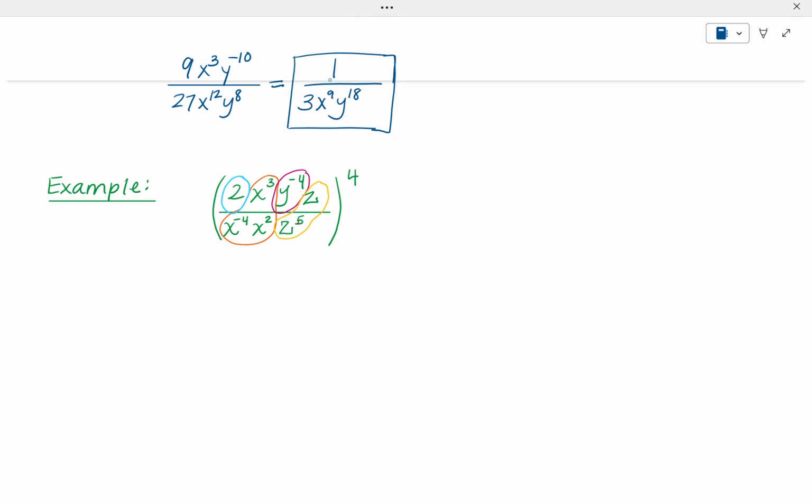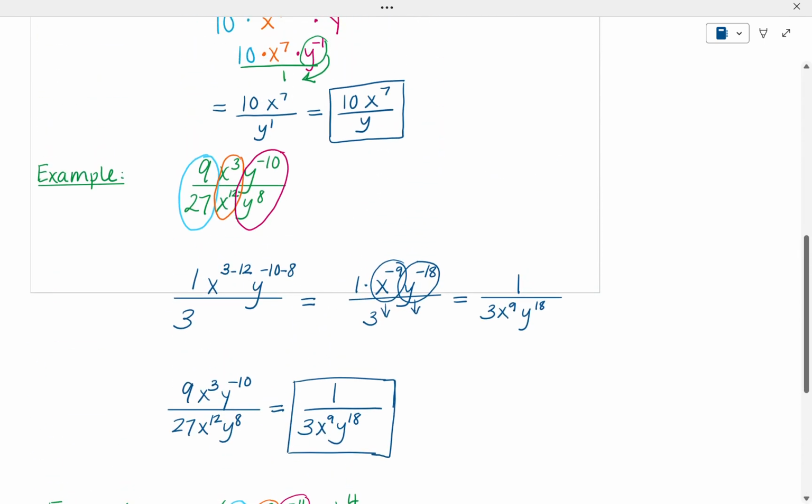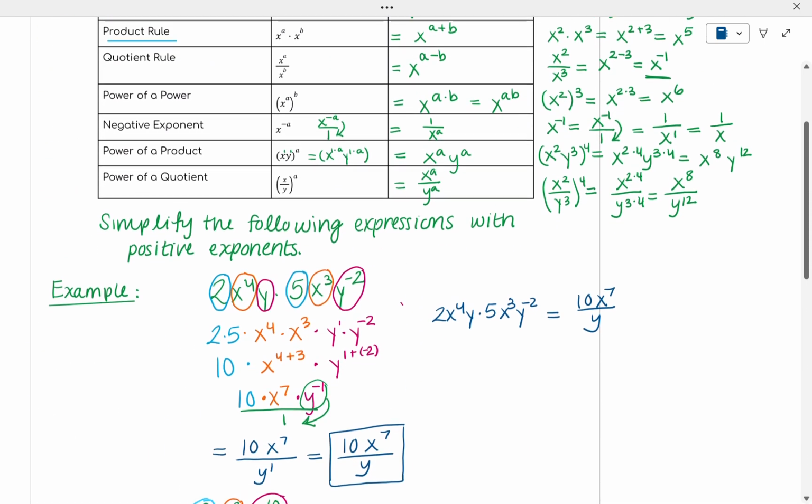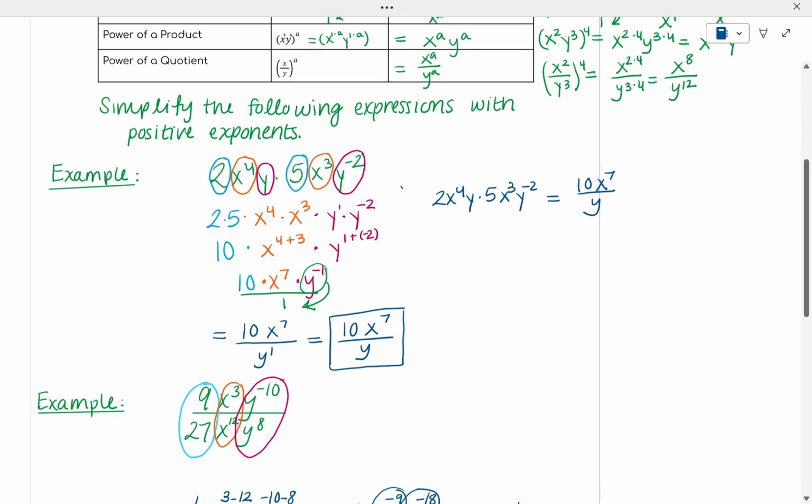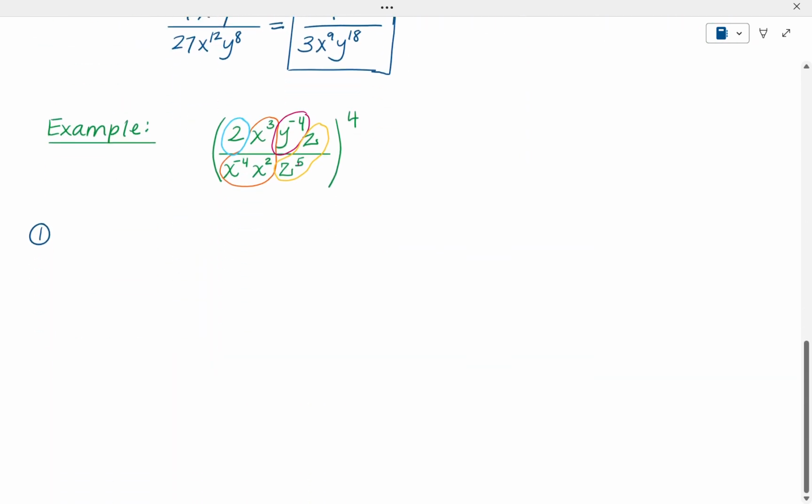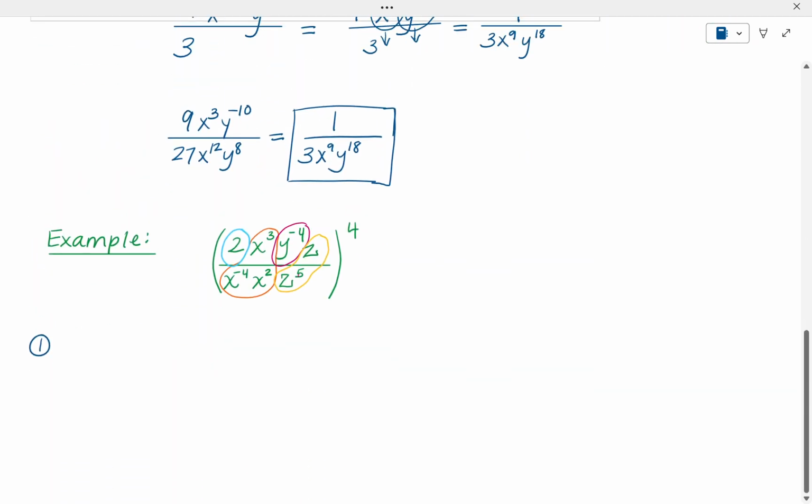All right, so first way we could go about this. So first way is we can use the power of a product property and also power of a quotient property first.